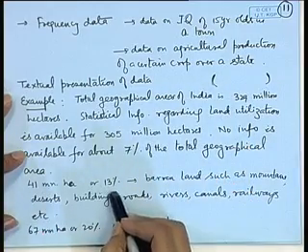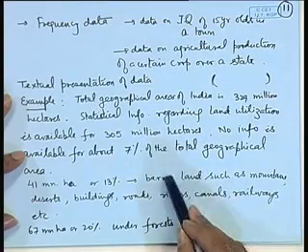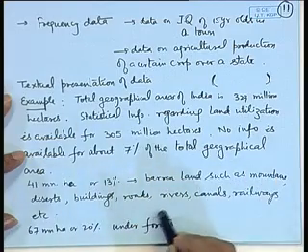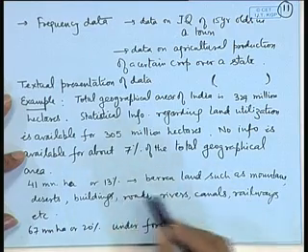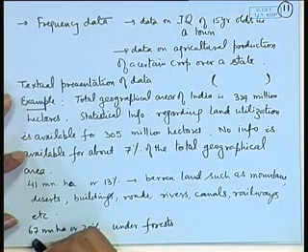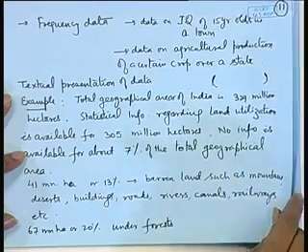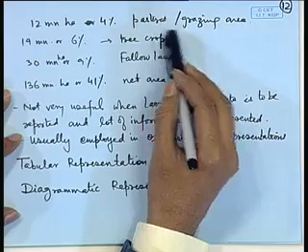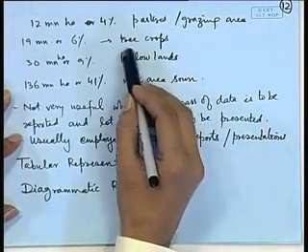41 million hectare or 13% of the geographical area is barren land. That means agricultural production is not there in this land, and this land corresponds to something like mountains, deserts, rivers, canals, buildings, roads, railways, etc. That means effectively it cannot be used for any type of cultivation. 67 million hectare or 20% geographical area is under forests. 12 million or 4% area is pastures or grazing area for cattle. 19 million or 6% of the area consists of tree crops.